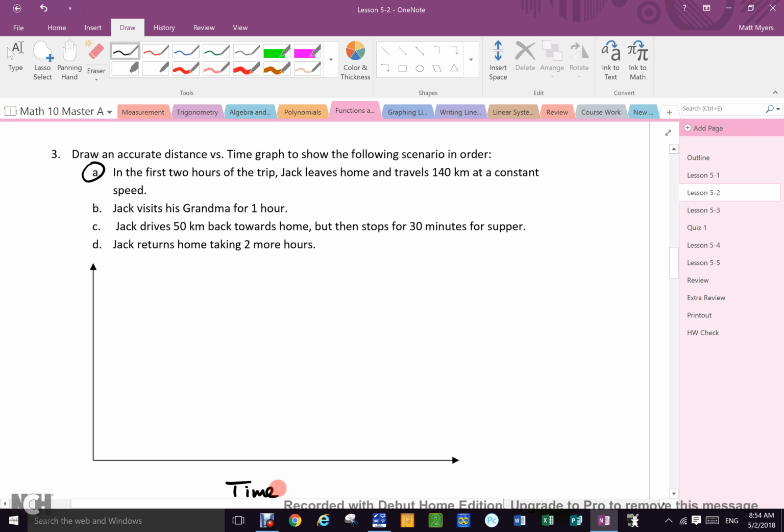Why is time on the x-axis? Because it's the independent variable. Exactly. We're not driving to Grandma's house, but time is still passing for us. Excellent. So I need to cover the first 2 hours. So there's 2. Time is in hours. What's on the y-axis?